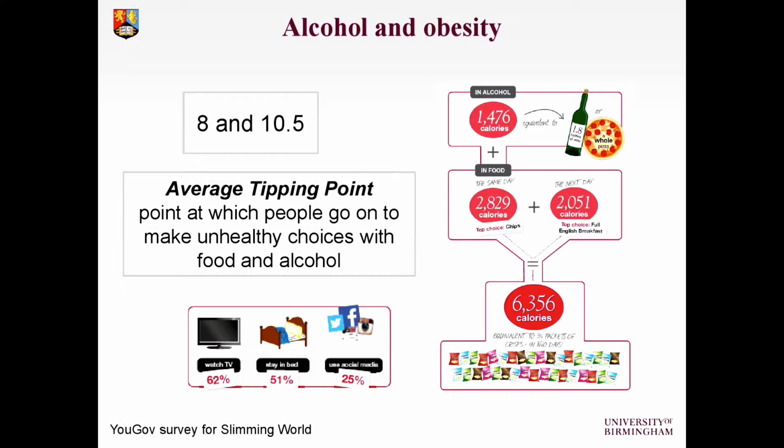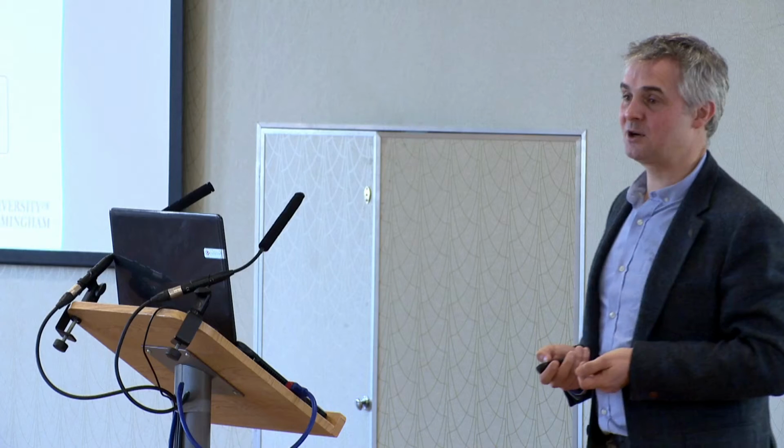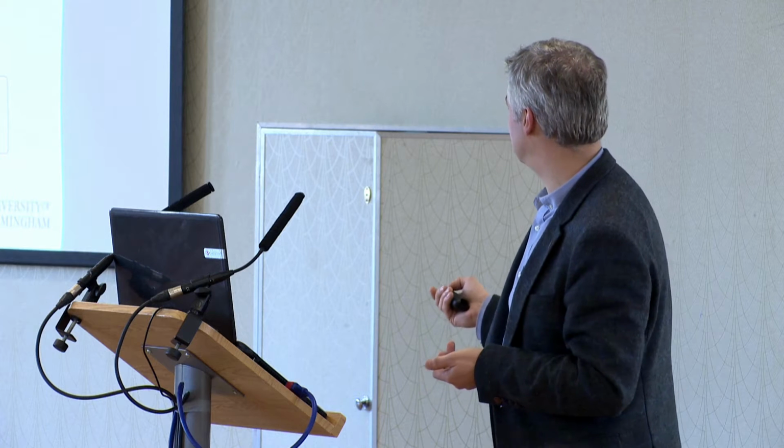But what happens to someone's eating behaviour in the day, okay? So the same day, you start to consume 3,000 calories, so you have a high calorie consumption day. But what's really interesting is what happens the next day after you've had a big night out. And the next day, you eat unhealthily as well, okay? Because you think, I need to wake up, and your body tells you that you're hungry, and you'll have a bacon sandwich or a full English breakfast.